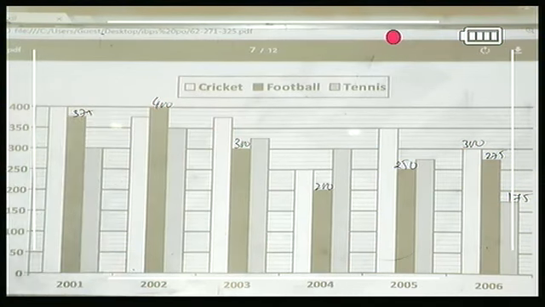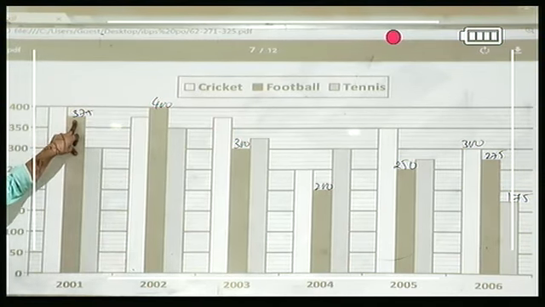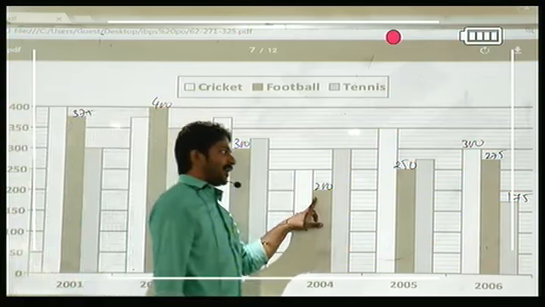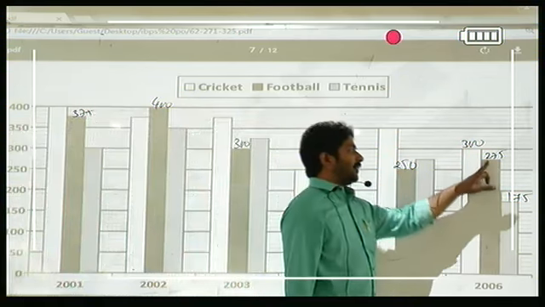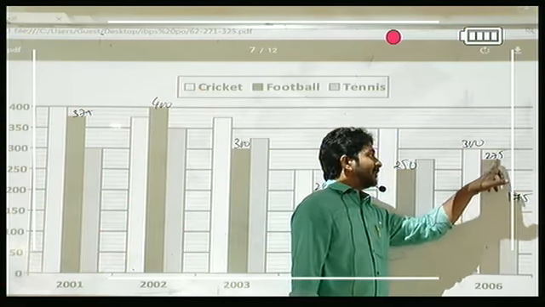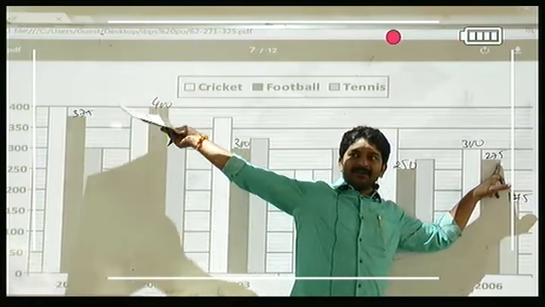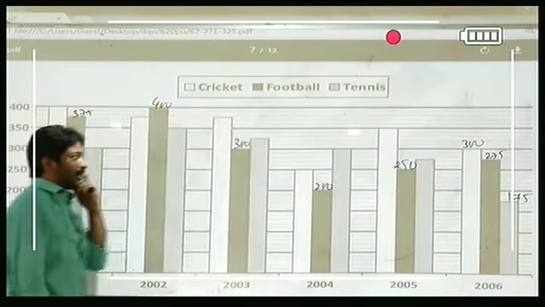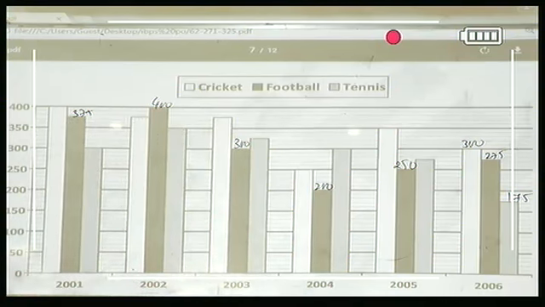Just add everything. Let's add the hundreds first, tens places and units places later. 300, 700, 1000, 1200, 1400, 1600, then 75 and 75, 150, 150 and 50, 200. Total 1800.